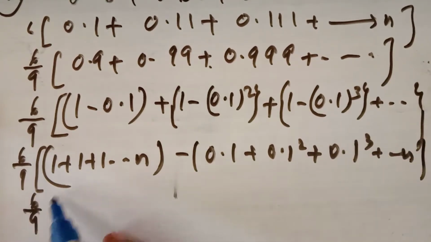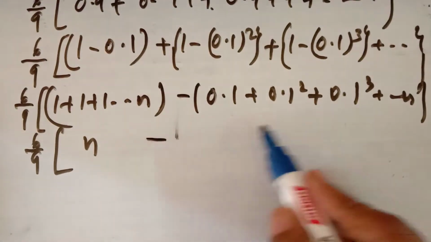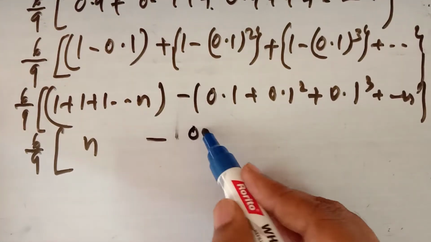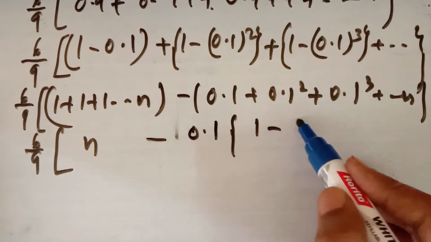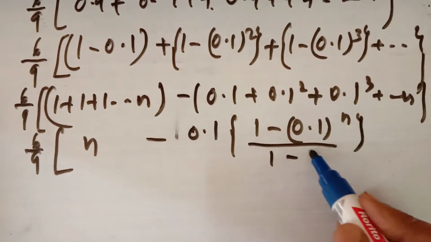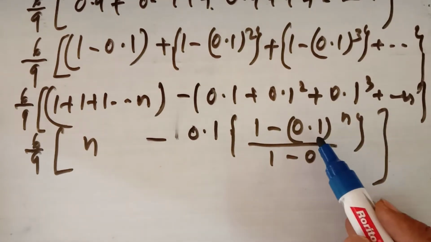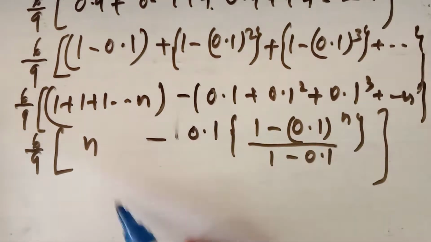So when you add it, it is n, and this is a GP up to n terms whose first term is a and common ratio is 0.1, giving a(1 minus r to the power n) upon 1 minus r. You can simplify it by replacing 0.1 with 1 upon 10 and simplify as far as possible. This type of question we have already done.